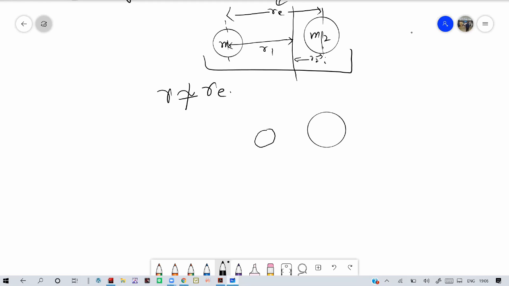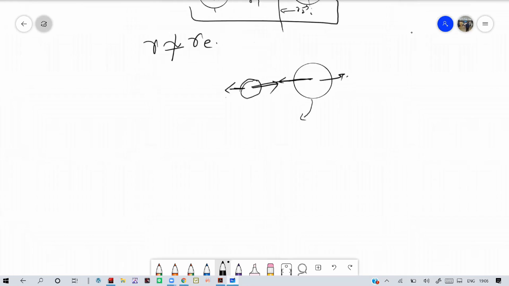And there will be a centrifugal force acting on each atom because of the other one. So it will try to move towards, or away, sometimes inwards, sometimes outwards. So there will be a vibration or an oscillation.